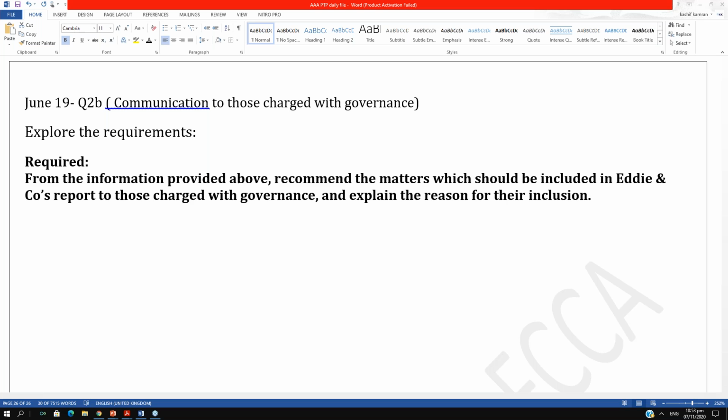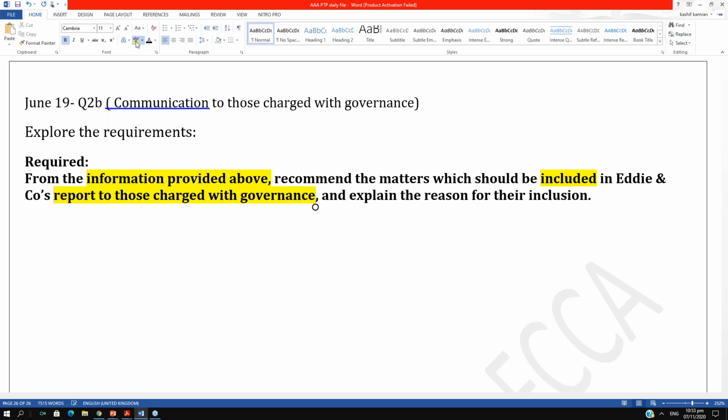From the information provided above, recommend the matters which should be included in the Eddy and Company report to those charged with governance.